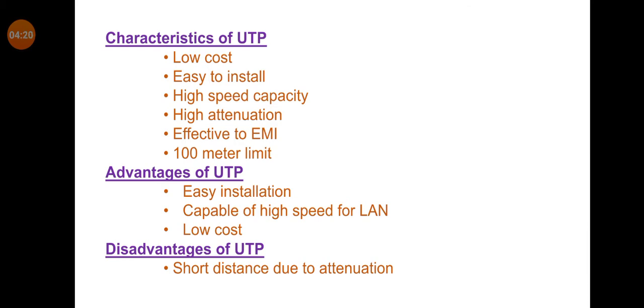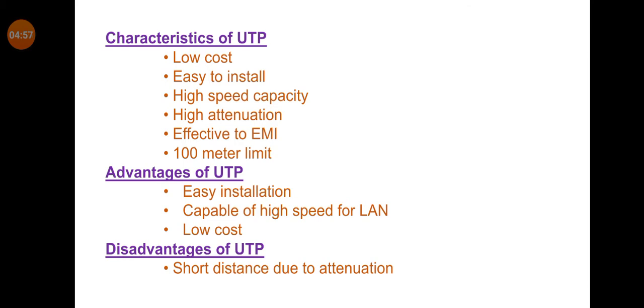Then the next one is that it is affected by EMI, electromagnetic interference, meaning unshielded twisted pair also gets affected by electromagnetic interference. This is one of the disadvantages here. It cannot avoid electromagnetic interference. Clear? The next characteristic is the 100 meter limit. What does 100 meter limit mean? It is distance limited. So again it is one of the disadvantages.